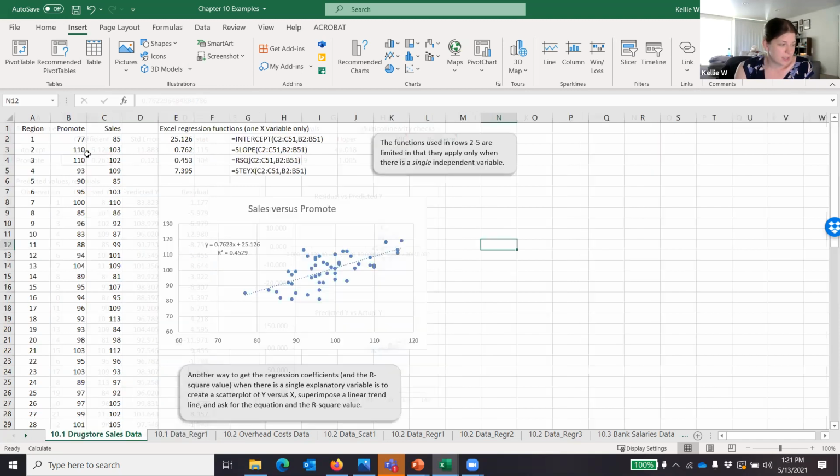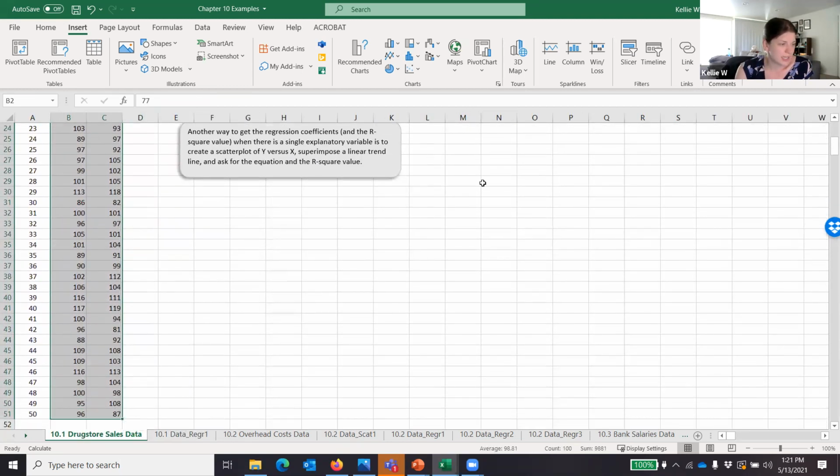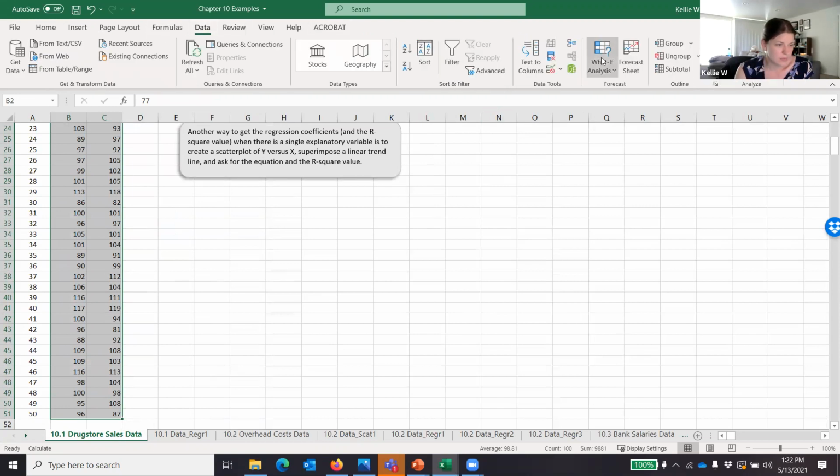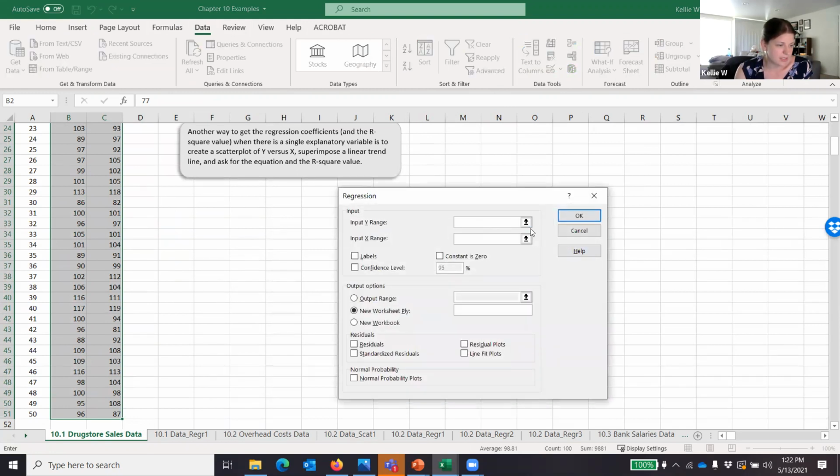So to run this, you can select your data. Go to data analysis, select regression. Oh, it didn't, okay. Which way did we have it?